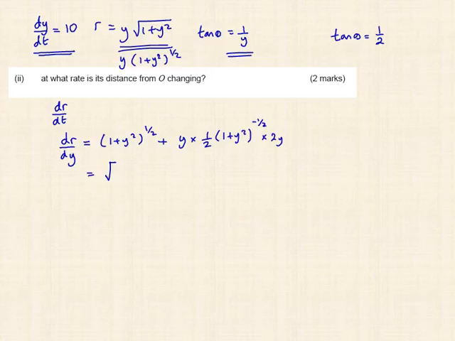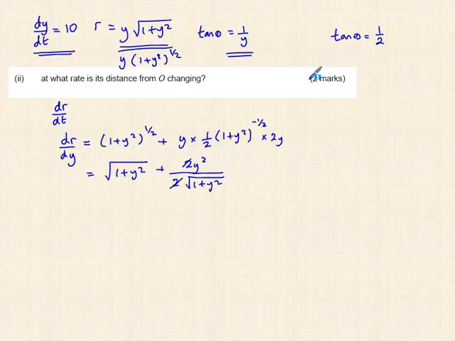So what we've got is the square root of 1 plus y squared plus 2y squared over 2 root 1 plus y squared, and the 2's cancel.